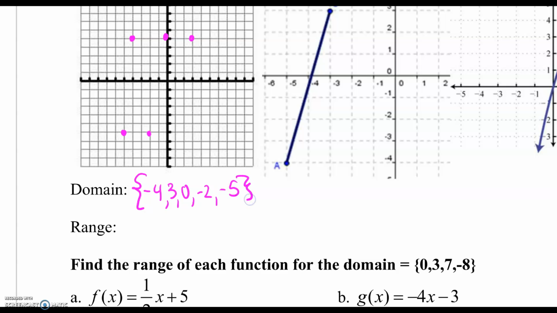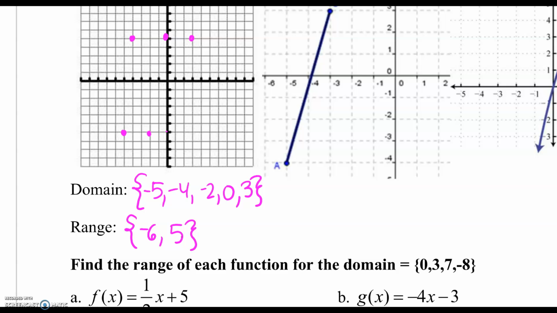It would be nice to put those in numerical order, so I'll start with -5, -4, -2, 0, and +3. Let's list the range in numerical order too: -6 and +5. That's it. There weren't a lot of range values.